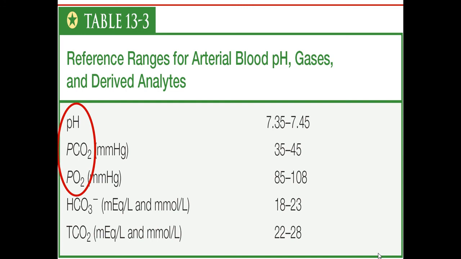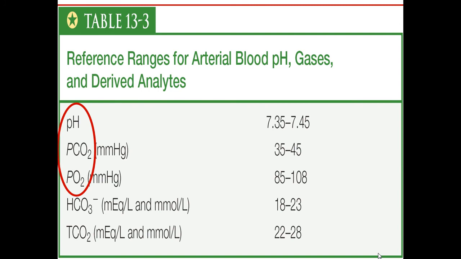Okay? So these are the parameters that you're generally going to see, at least these, on a blood gas analysis. And you need to start getting comfortable with them. However, if you think back to methods, and we're going to talk some more about methods, the electrodes are what we're measuring.